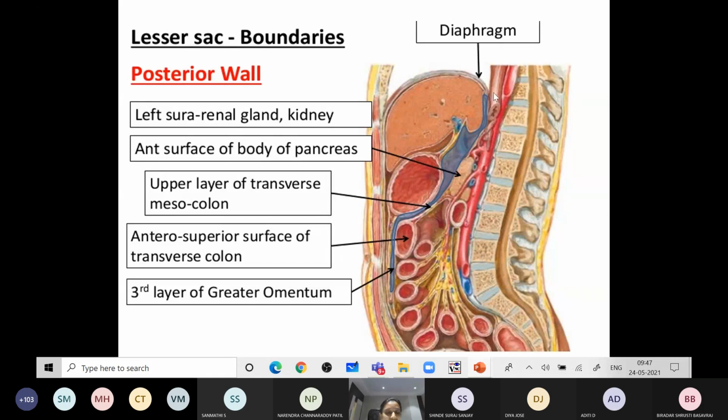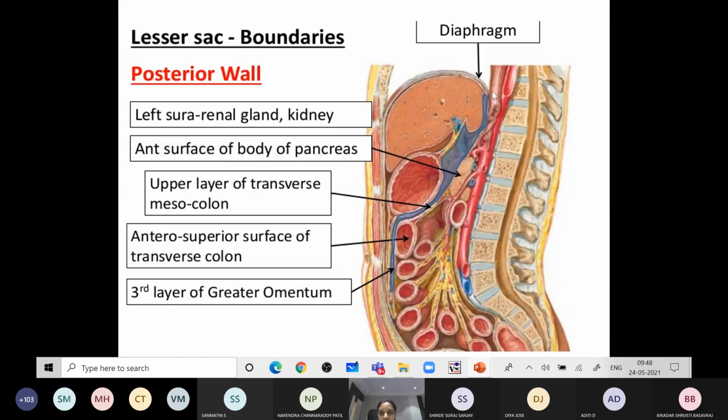Okay, posterior wall. This is the posterior wall. From above downwards, it covers the undersurface of the diaphragm, then left suprarenal gland, left kidney, anterior surface of the body of pancreas, then upper layer of transverse mesocolon, and the antero-superior surface of the transverse colon, and the third layer of greater omentum.